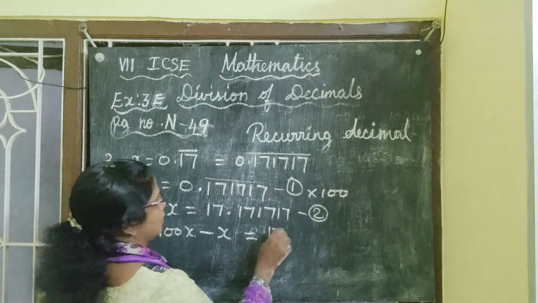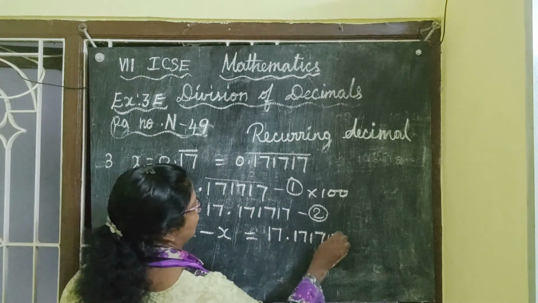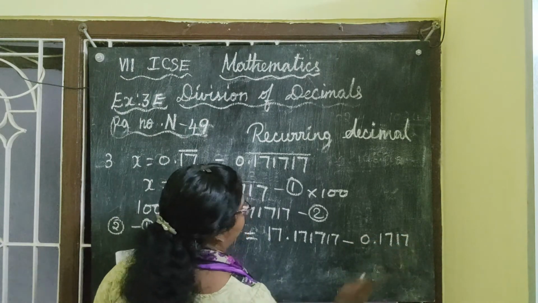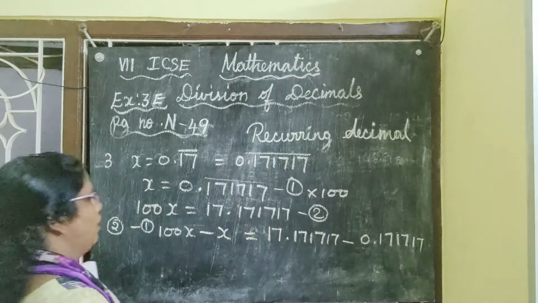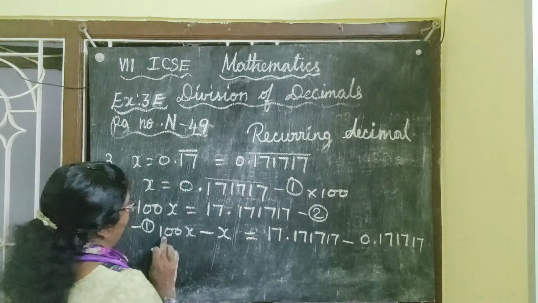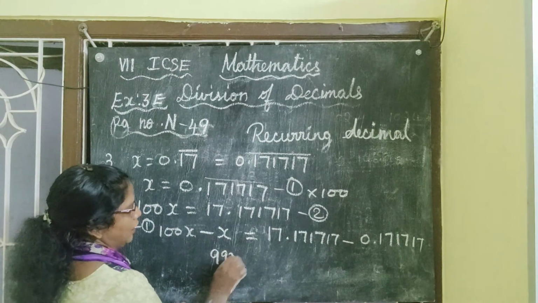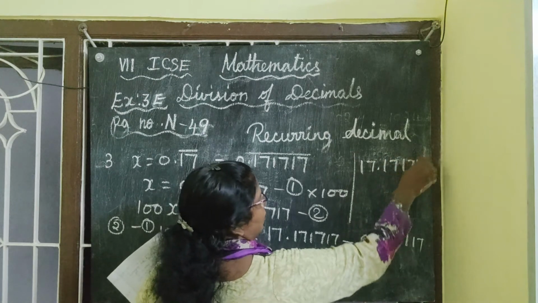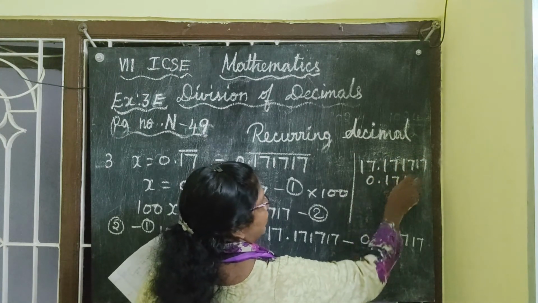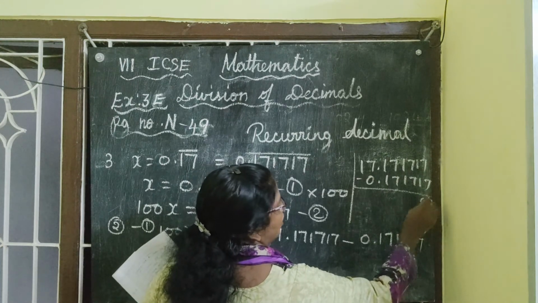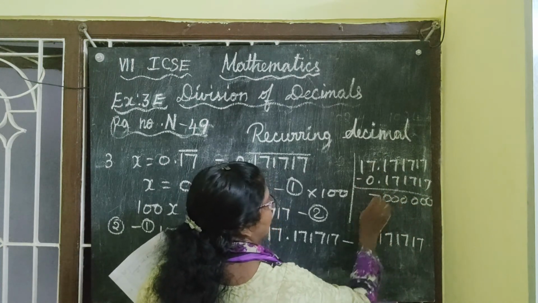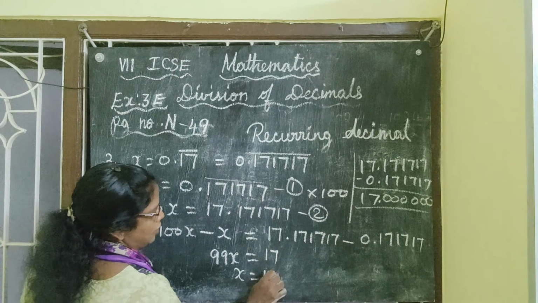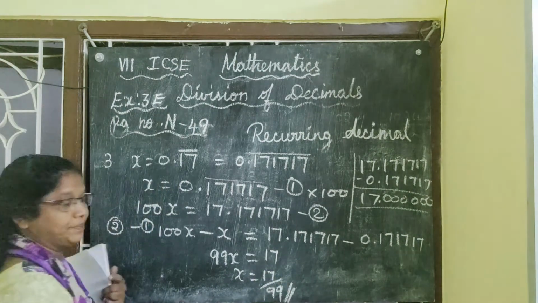This side, 17.171717 minus 0.171717. 100x minus x is 99x, is equal to what you get on subtracting: 0, 0, 0, 0, 0, 0, here 7, here 1. So your answer is only 17. So x is equal to 17 by 99, the final answer.